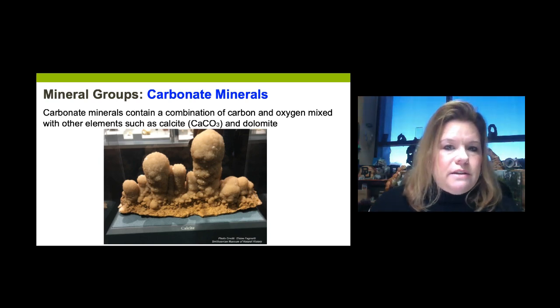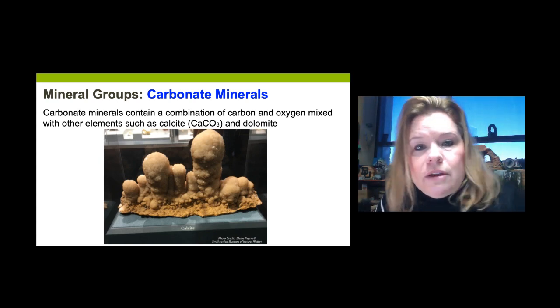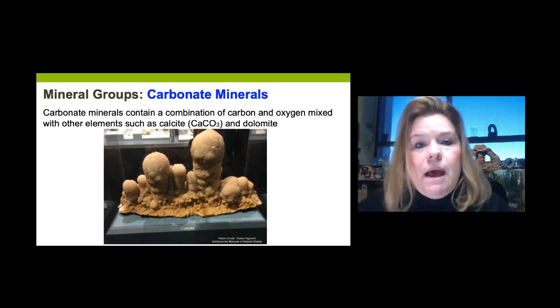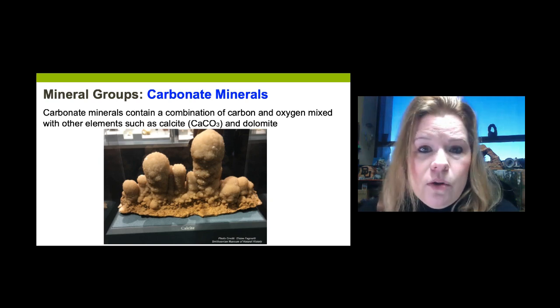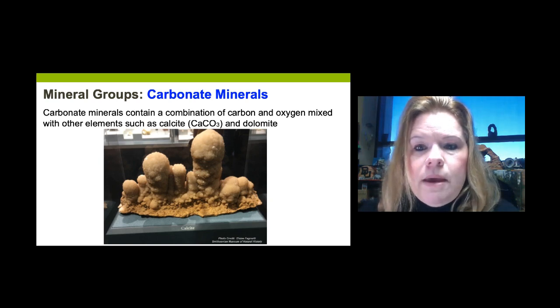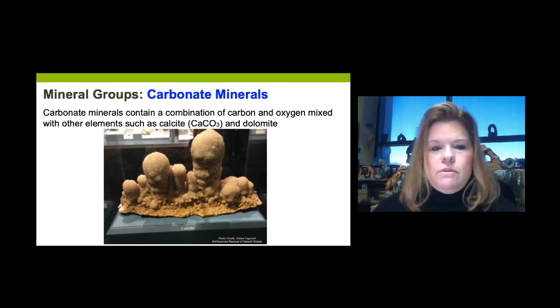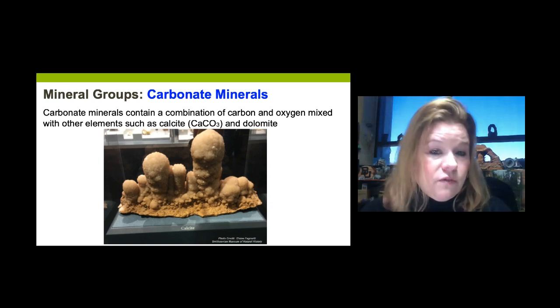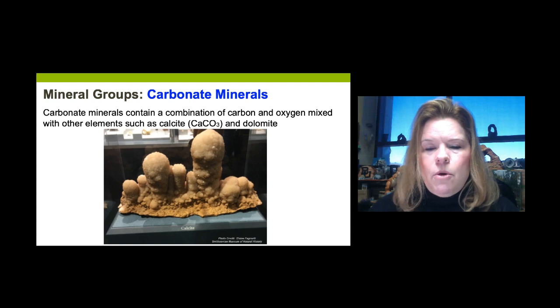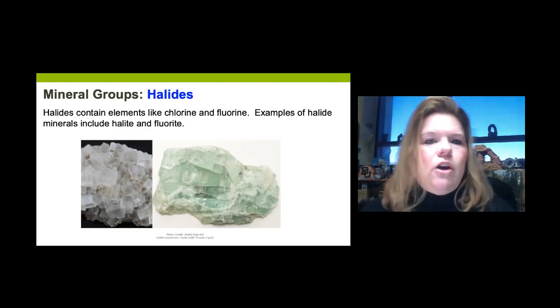However, dolomite typically will not unless you have it squashed up into a powder form, and even then it may not because it's got more magnesium. It's got one molecule of magnesium in it, and so it makes it a little different than calcite. So carbonate minerals are formed in a carbonate setting, typically in marine environments, or certain types of lakes can produce it, but most commonly in marine salty environments.